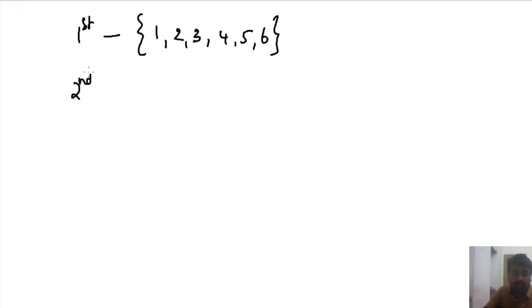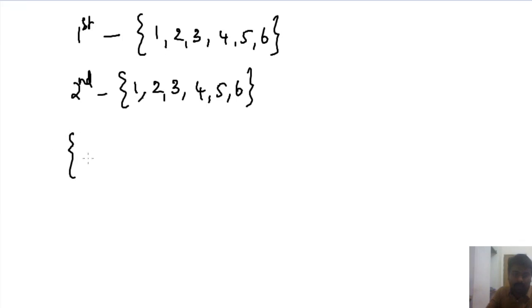The second die also has 1, 2, 3, 4, 5, 6. These are the only chances. So you're tossing these two dice together. The pairs for the first set will be: first die gives 1, second die gives 1, then first die 1, second die 2, and like this up to 1, 6.